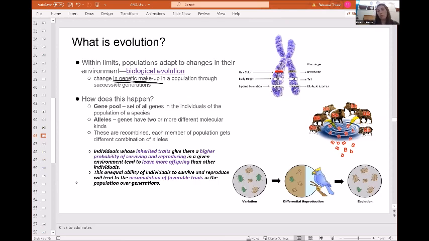So in the gene pool, we're really talking about what kind of alleles you have and what their proportion is. Alleles, if you remember, are just these variable segments of DNA on a chromosome that code for a slightly different protein product. We think about it like hair color. Okay, red hair, brown hair, that kind of stuff. It's a little bit more complicated than that, but generally that's what we mean by alleles.